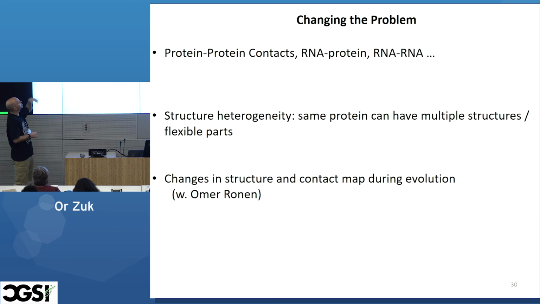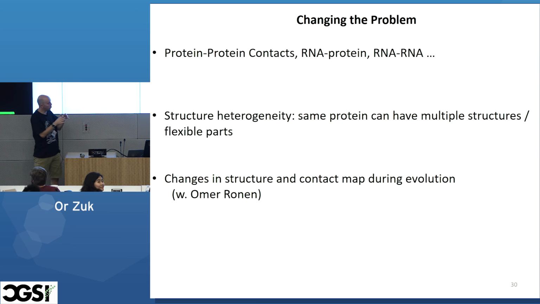You can study structural heterogeneity, right? If you have a molecule, a protein, so far we assume that it always has the same structure, but in reality, some proteins have some flexibility, and this is not accounted for by the computational methods. And the last thing, that's something we are working on, and if you are interested, please talk to my student, Omer Ronen, who is here. I don't see him, but he's here.